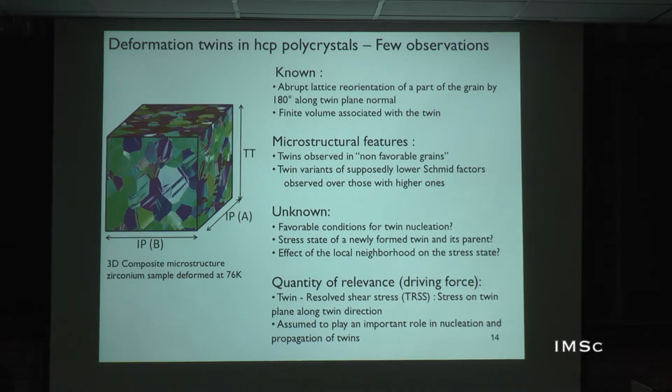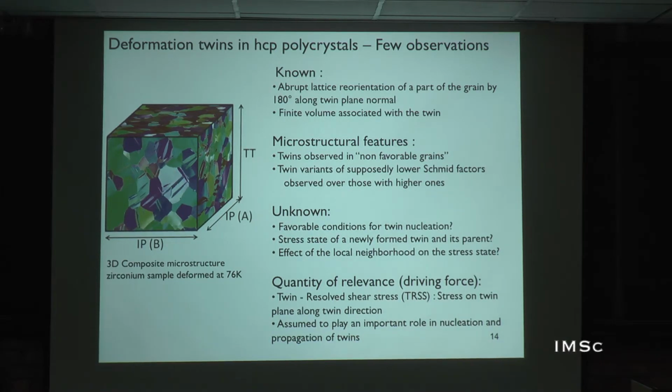So if we ask which of these variants is most probably active, we need to know what is the stress on each of these variants and whether it satisfies certain criteria. What experiments tell us is if you only look at that particular criteria, you are not going to account for all the twins that you see in the material.